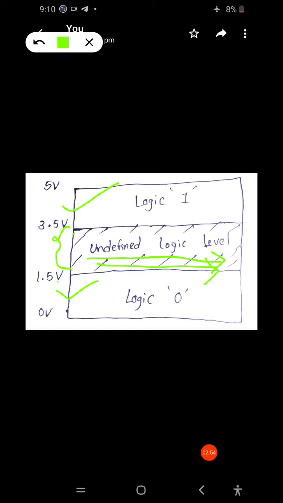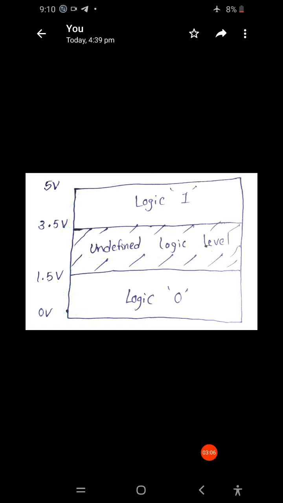Generally the CMOS logic operates between 0 to 1.5 volts or 3.5 to 5 volts, but under some noisy conditions and signal distortions, the voltage may go to the undefined logic level.